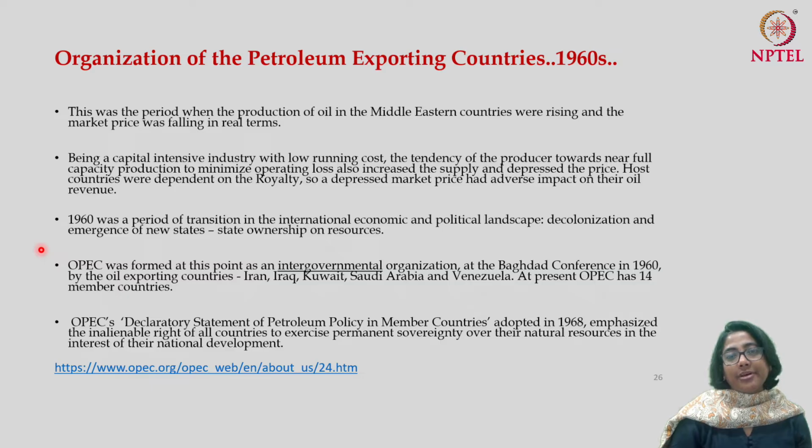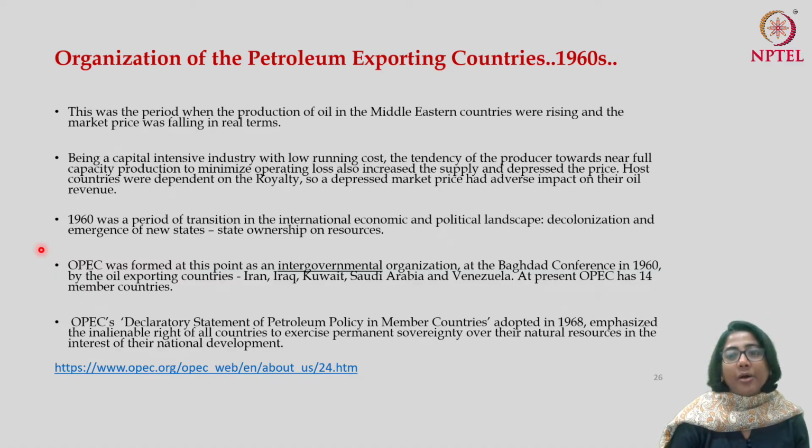Let us first have a quick look at the genesis of the Organization of Petroleum Exporting Countries, that is OPEC, in the 1960s. How did the world look at that point in time? We saw that in the early phases of the 20th century, the international oil market was dominated mostly by the US and sometimes by Mexico.